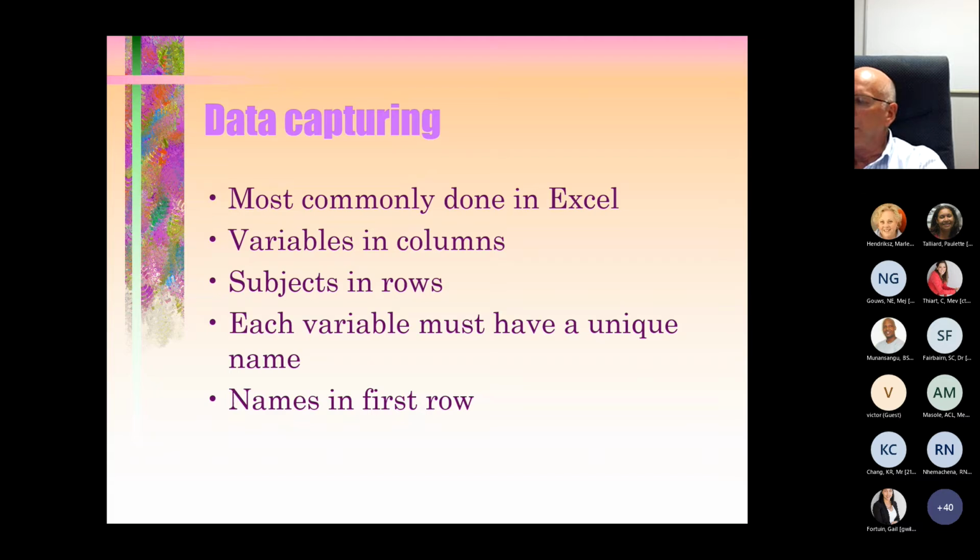Because if one now imports the data into the statistics package from the Excel sheet, then the statistics package takes the first row as the names of the variables, and it starts importing data from the second row onwards. So what happens frequently is that people have Excel sheets where they use the first 3 or 4 rows to identify the columns.